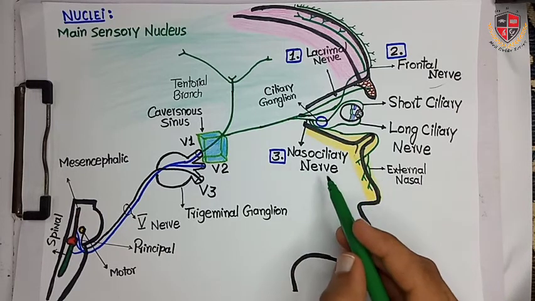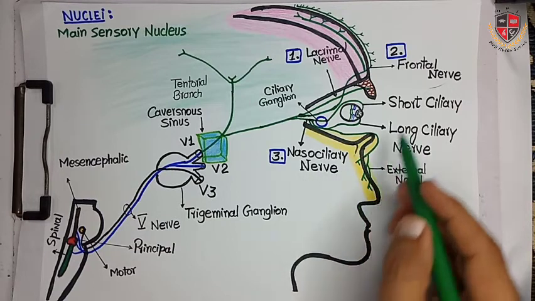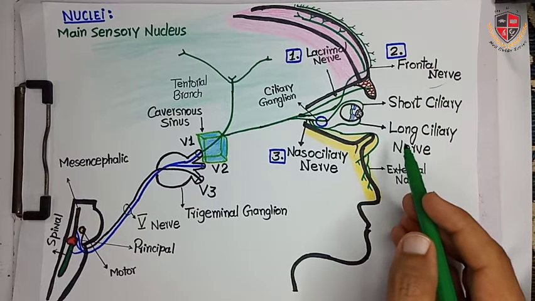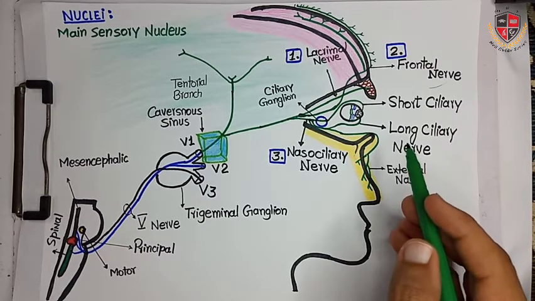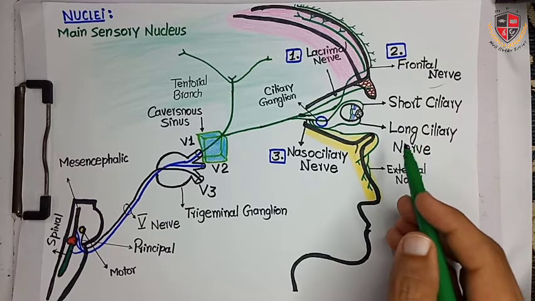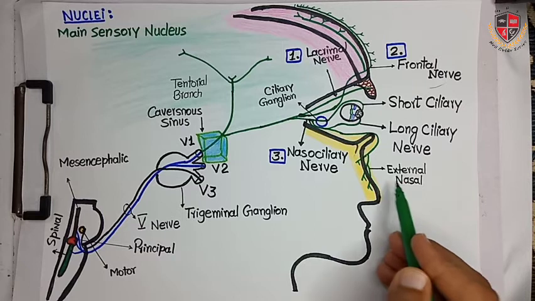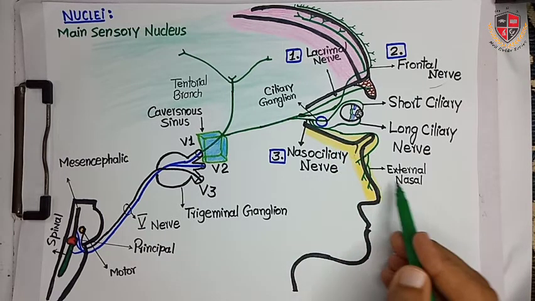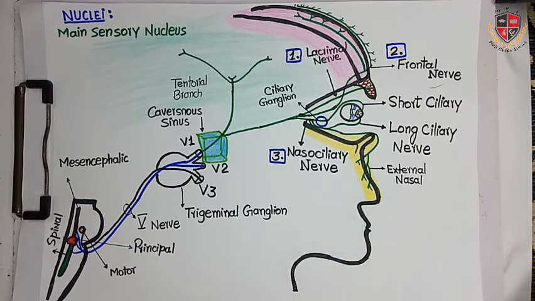Now the nasociliary nerve. The nasociliary nerve gives branches which are the short ciliary nerve and long ciliary nerve. These are secretomotor and vasomotor branches for the sphincter and dilator pupillae muscles. This is the external nasal branch, which is a branch of the nasociliary nerve, which supplies the skin of the external nose.